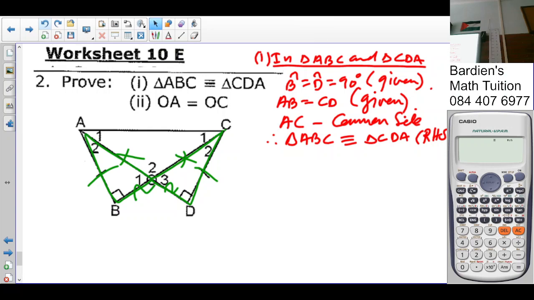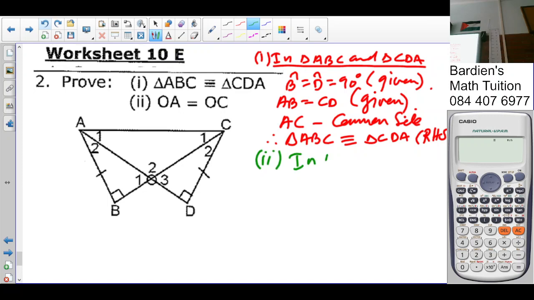So what we're going to prove is congruency in triangle AOB and triangle, we go AOB. What would the order of the other triangle be? COD. So what can I say?